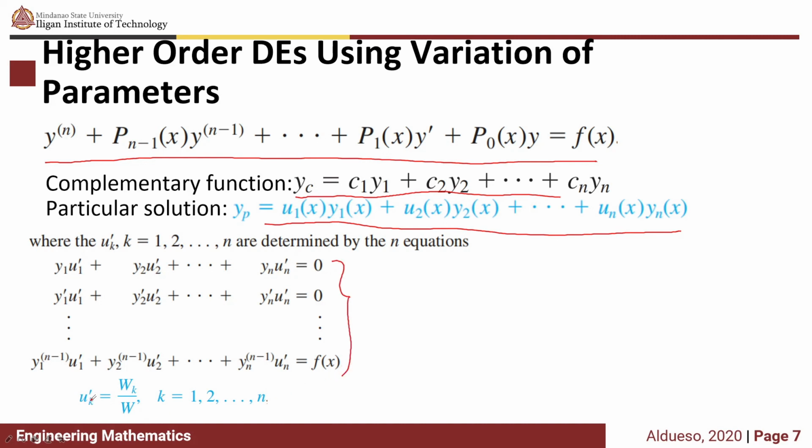So our uk prime is just equivalent to Wk over W, meaning our W is just equivalent to the determinant with rows y1, y2 up to yn, and also we have y1 prime, y2 prime, up to yn prime, up to y1 to the n minus 1, y2 to the n minus 1, up to yn to the n minus 1.